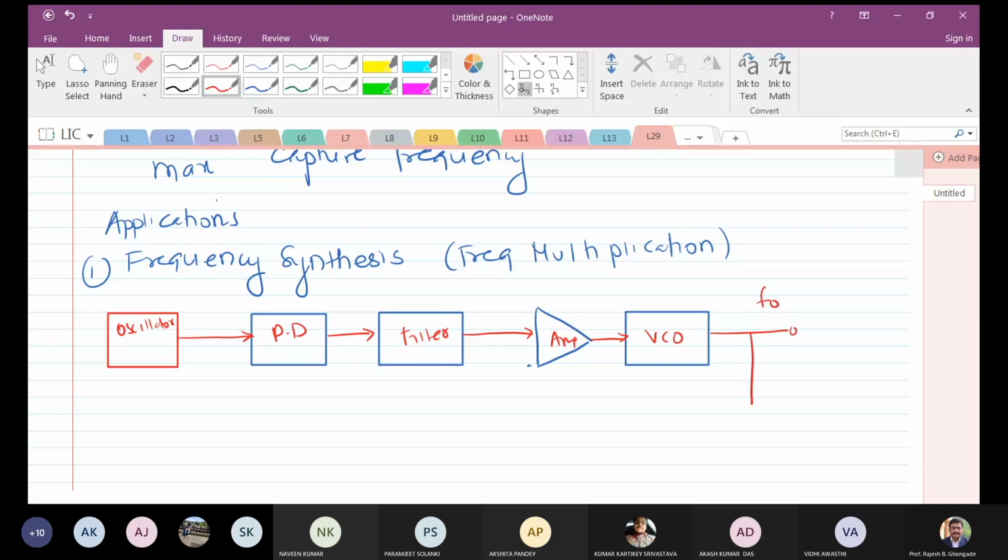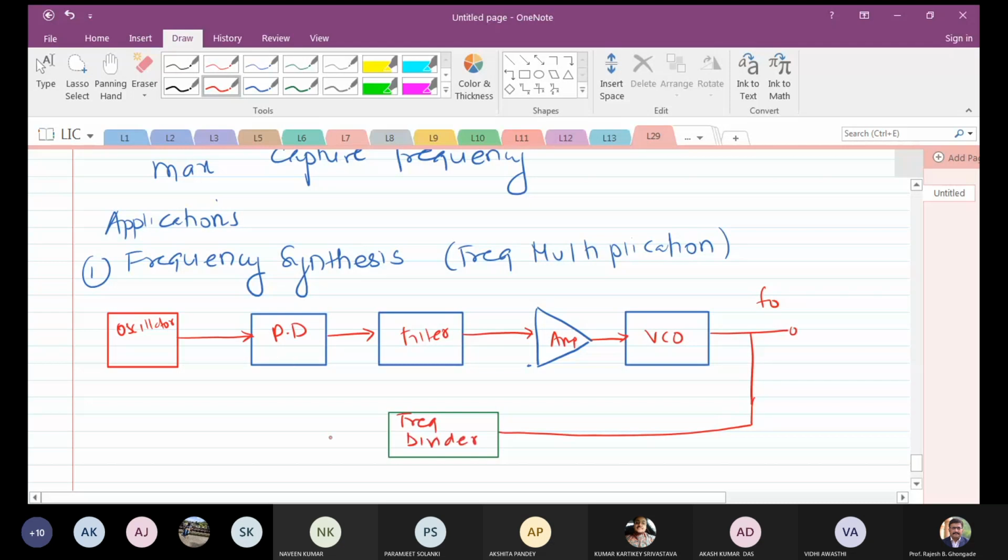Now, there is some change here in the feedback block or path, and that is you use what is called a frequency divider.